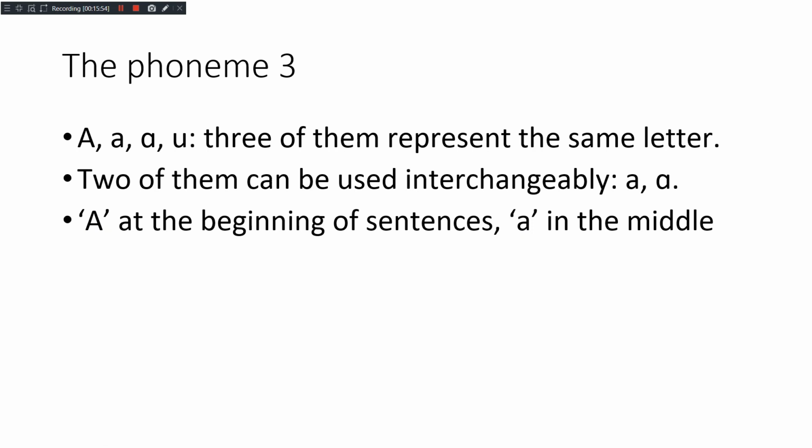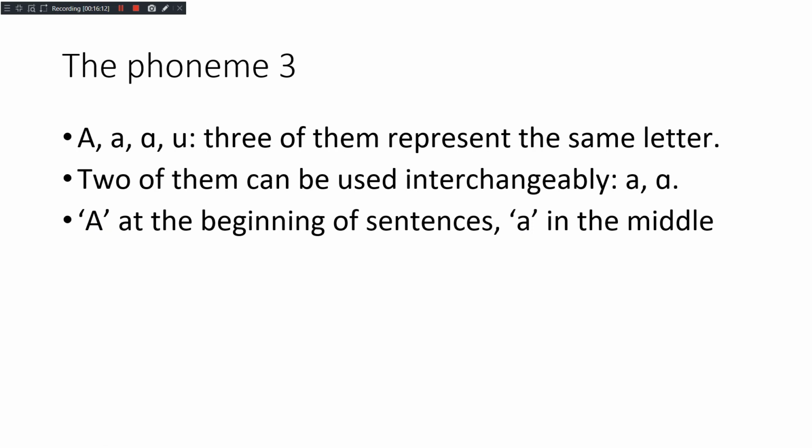In some situations, a dark L, for example, is possible, but a light L is not possible. In another place of a word, when we pronounce a word, a light L is possible, but the dark L is not possible.